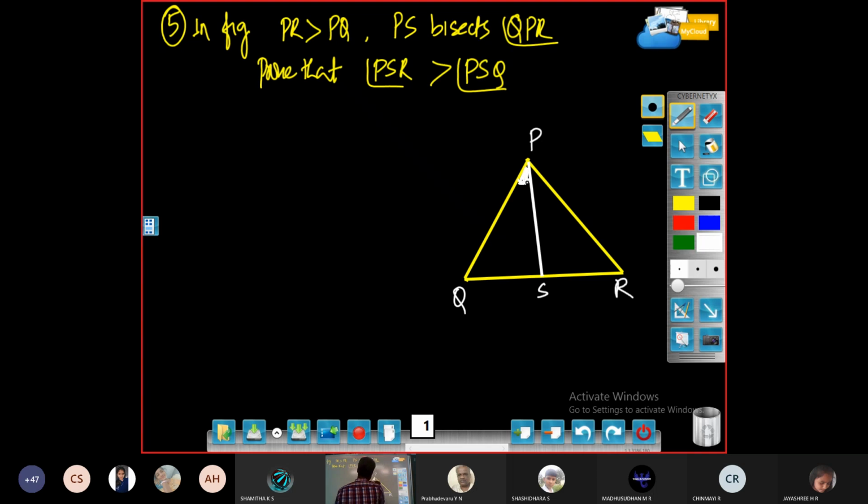So these two angles are equal because this is bisected. PS is bisecting this angle.